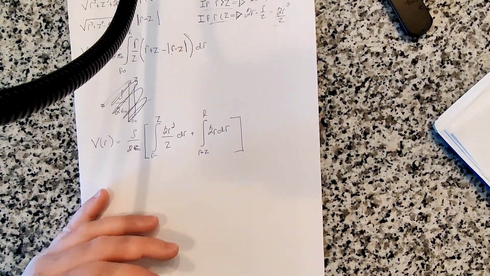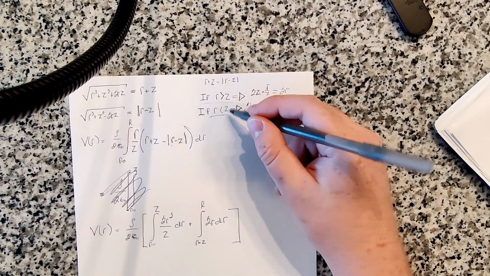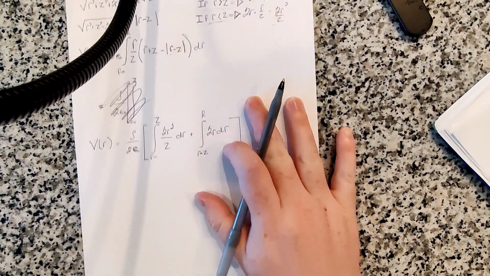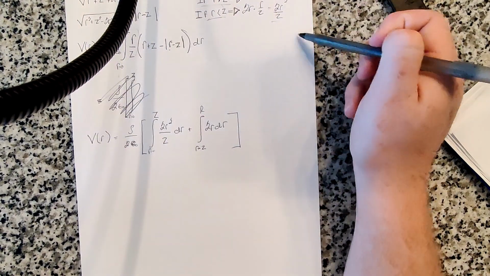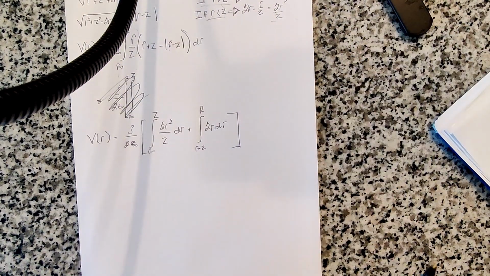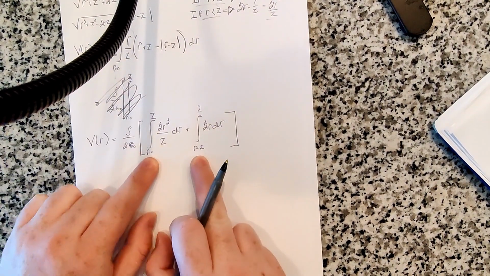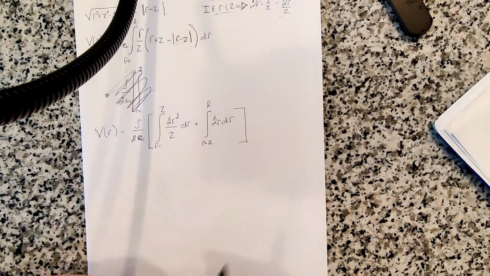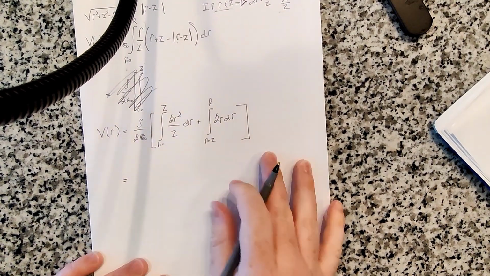So that is our integral. I hope that makes sense. Because of this magnitude sign, we have two cases to consider, and our integral becomes different in these two cases. So we have to split this integral up into two integrals to get both of their contributions correct.